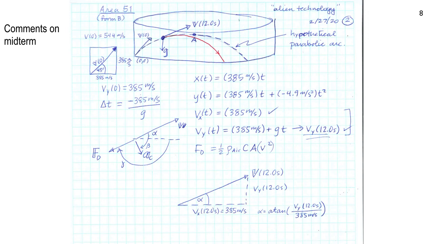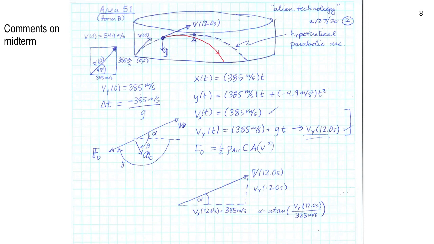is basic here. If you can get 385 for free, basically for free, then you can set up x of t and y of t. Then you can figure out these two, Vx of t, Vy of t, and then do a little trig and get this angle here. So this is the reference axis.